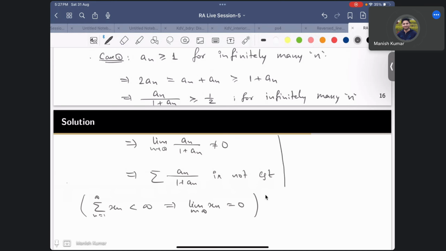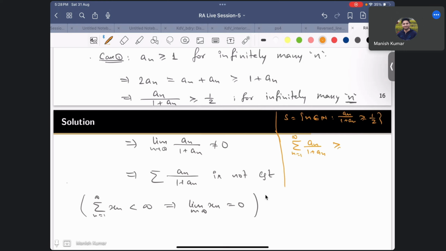Okay, so this is one way. The other way could be, like I mentioned, you have found the lower bound. So we have found this kind of bound. Then if you want to write the summation of an upon 1 plus an, n equal to 1 to infinity, suppose this is for infinitely many n, so I am calling that set of n as S. So I am defining S to be the n belonging to the natural numbers such that an upon 1 plus an is greater than or equal to half.